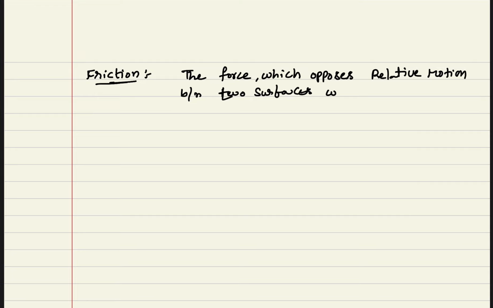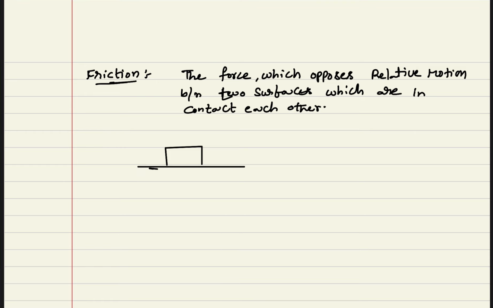Which are in contact with each other. Okay, let us consider that there is a block of mass m. I am taking a block of mass m. This block m is kept here on the surface.